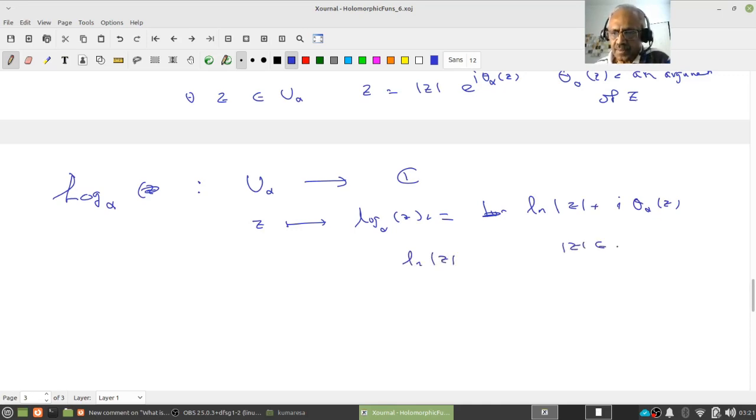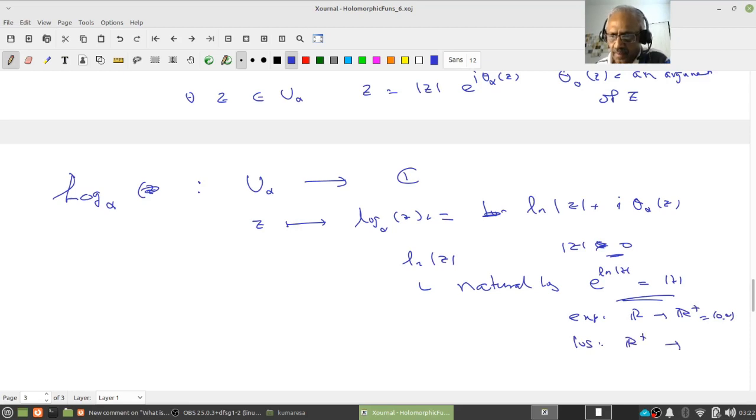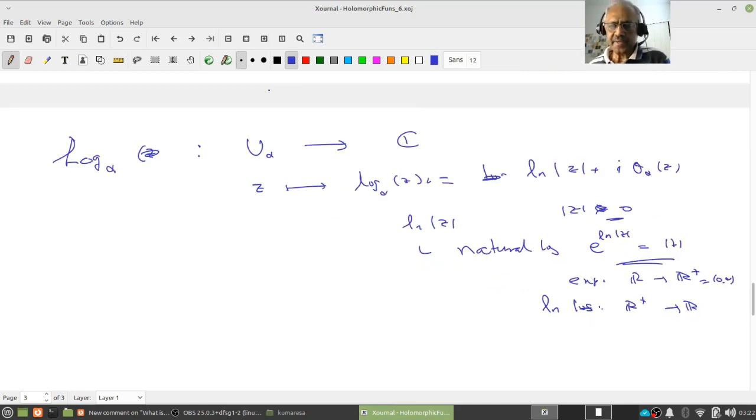See, mod z is a real number and it is positive, because z is in U alpha, in C star, it is non-zero. Therefore ln is the natural logarithm or Napierian logarithm. We have the ordinary exponential map, exponential of ln of mod z is equal to mod z. We know the exponential map from R to R plus, that is 0 to infinity, is bijective and continuous, and its inverse is log, which is also continuous. That is what we denote by ln.